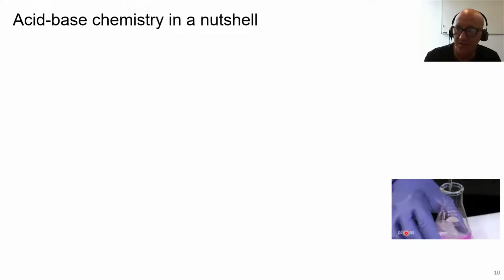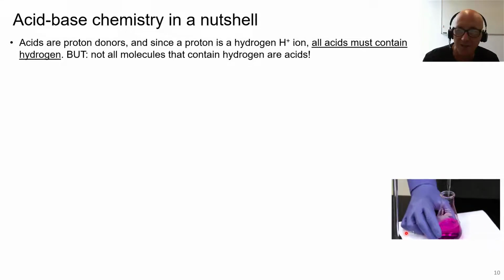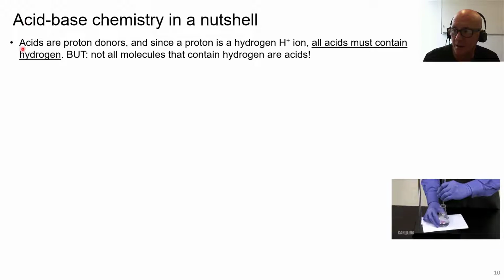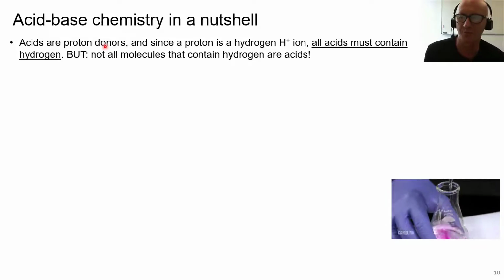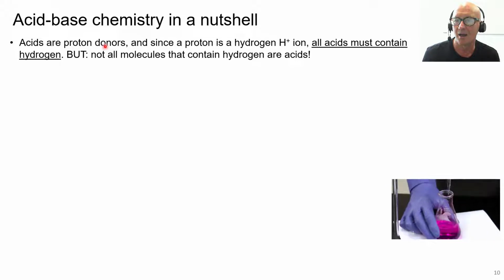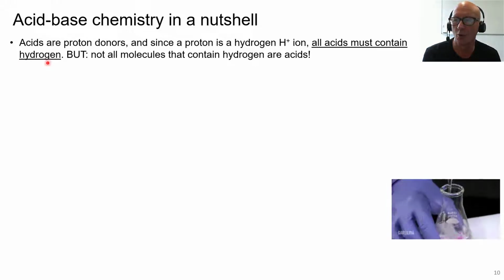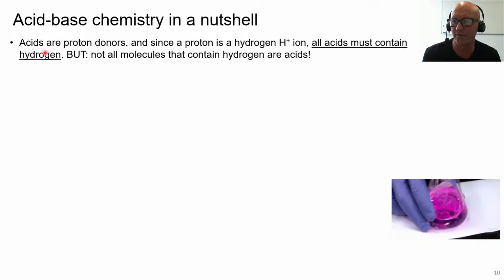Now let's look at acid and base chemistry in an absolute nutshell. An acid, by definition, is a proton donor. Now think about this. If a proton is H plus, then all acids must therefore contain hydrogen. So all acids have that common feature.